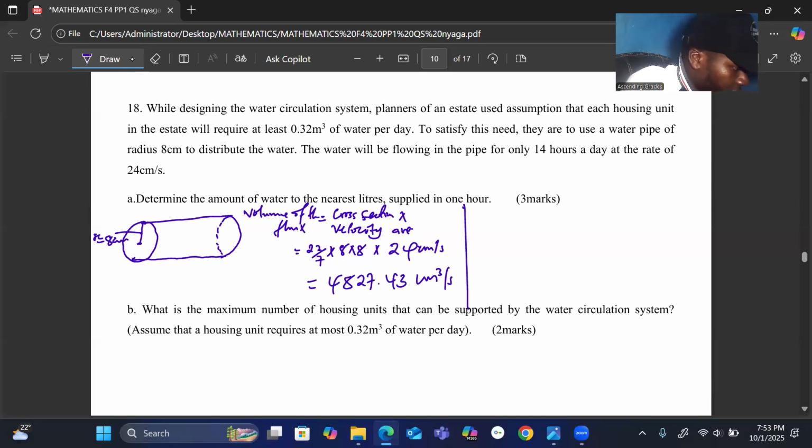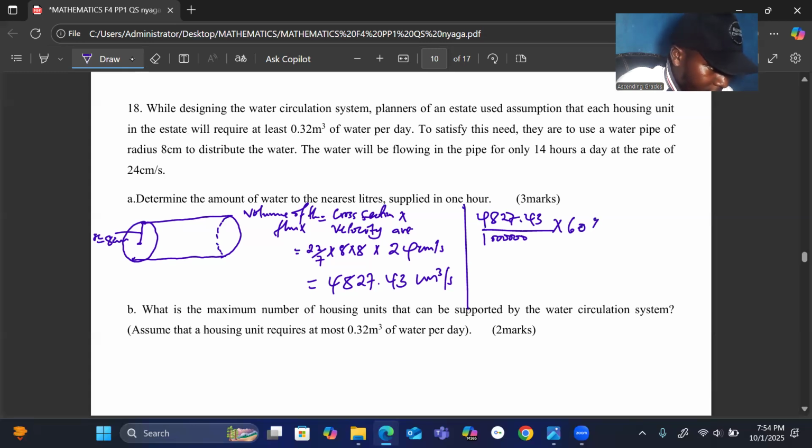Then we can now convert that one to minutes. Now, this is the volume. We now divide by 1,000. So we shall have 4,827.43 divided by 1 million, then times 60, that is in 1 hour, that is 60 minutes.